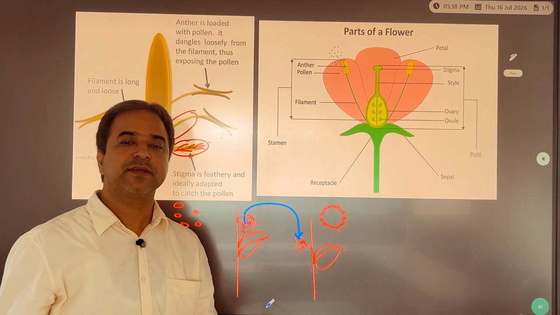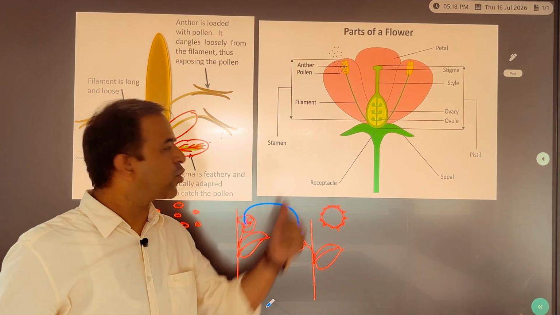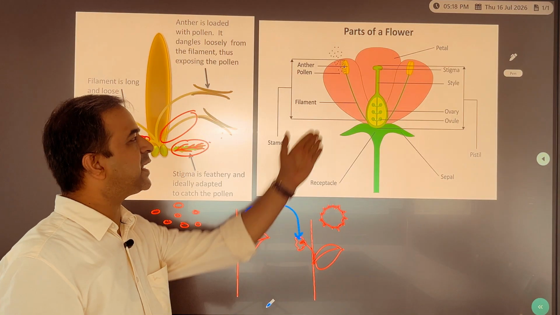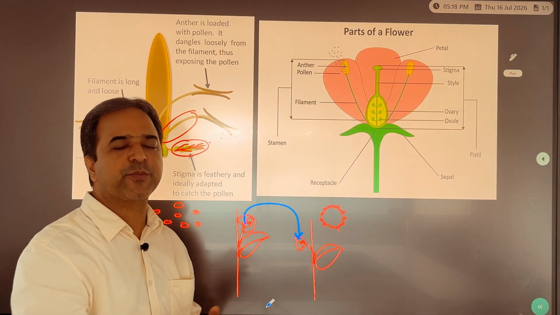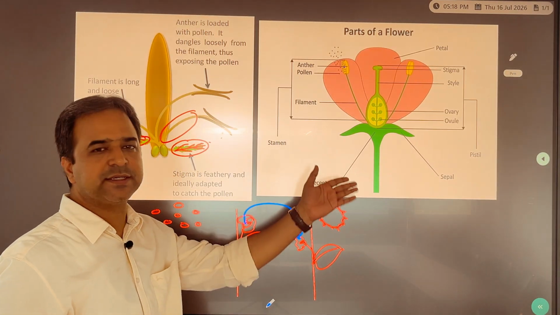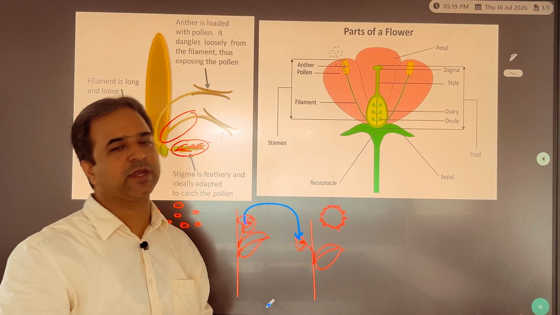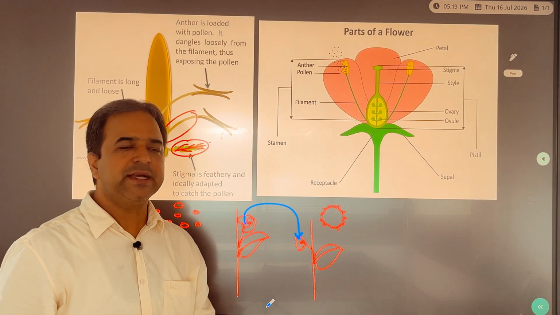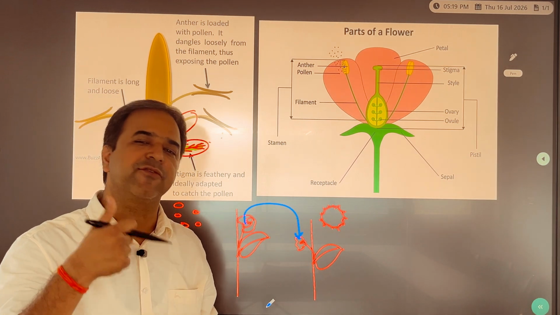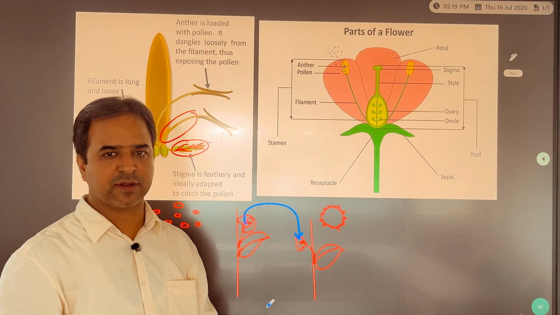Cross-pollination, why am I highlighting it more? Because it has many advantages. Cross-pollination brings variation. Otherwise, if it is self-pollination or asexual reproduction, it is just a clone of the parent. Whatever disease or whatever genetic information is there, it is going to be the same in the offspring also. Understood, children? So here cross-pollination has greater advantage in terms of bringing variation, which is actually needed for evolution also.